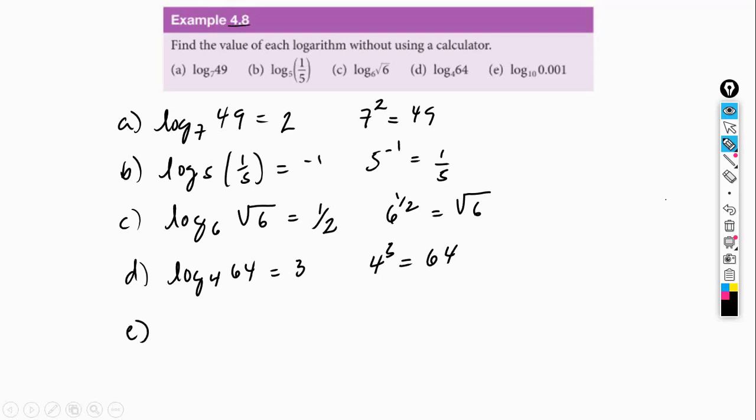Finally, letter E, log base 10 of 0.001. So the answer to this is -3 because we know that 10 to the minus 3 is equal to 1 over 1,000, which is the same as 0.001.